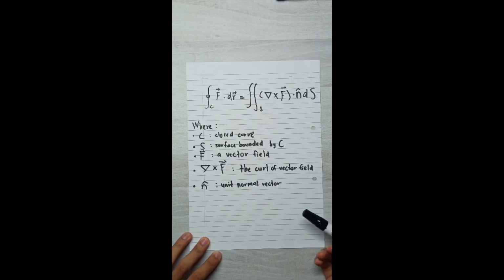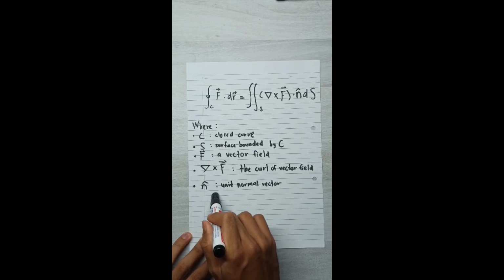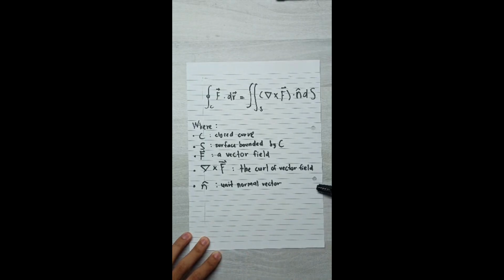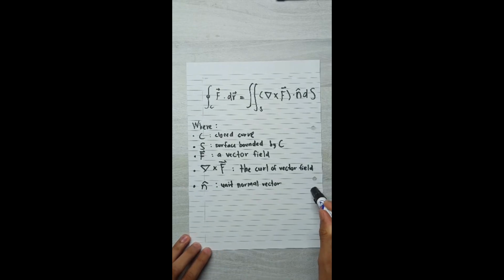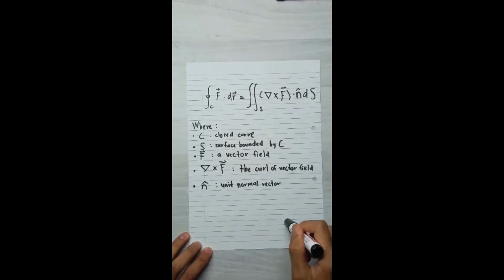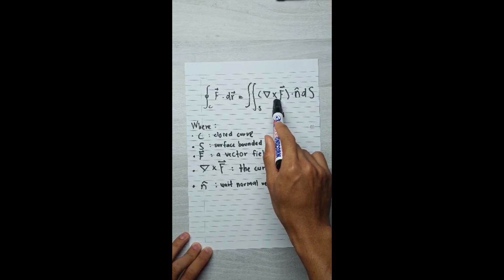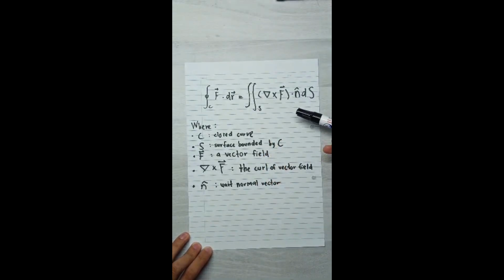And there's also the n symbol that represents the unit normal vector to the surface. In simple words, the total circulation of a vector field around the boundary curve equals the total rotation, which is the curl of the field across the surface enclosed by that curve.